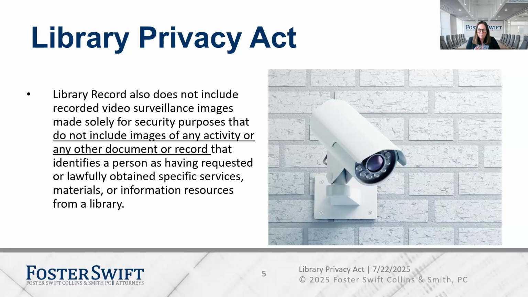So putting this all together, if you get a FOIA request or other request to view video surveillance, it is absolutely critical that you review the tape yourself, either the director or a designee of the director, to determine whether it includes any images or activity or other document or record that has identified a person as having obtained materials.